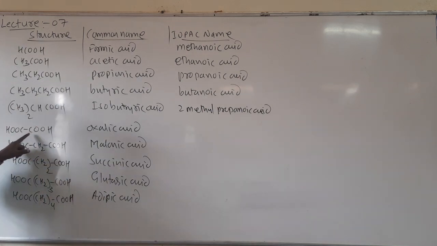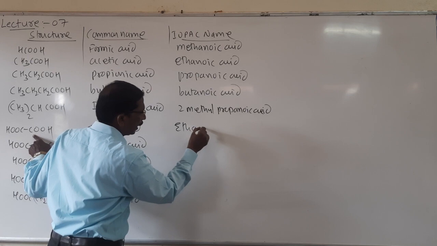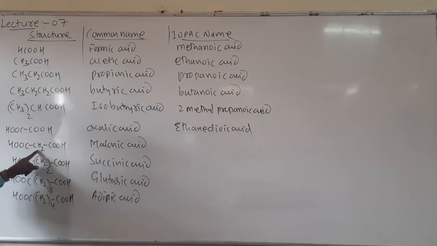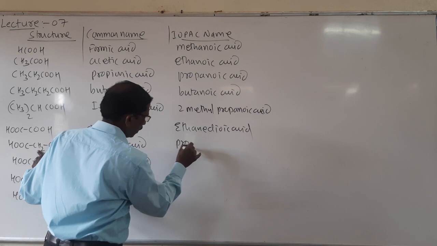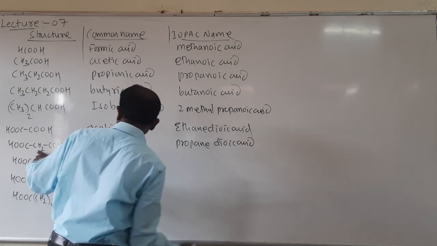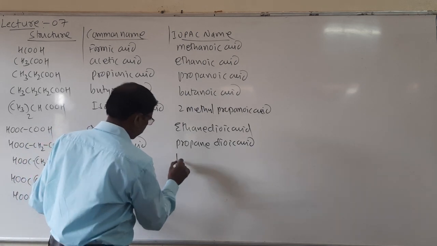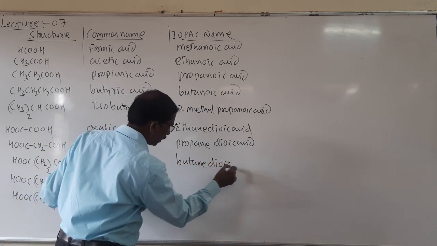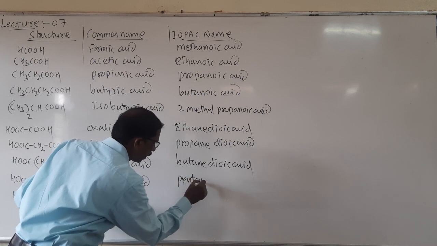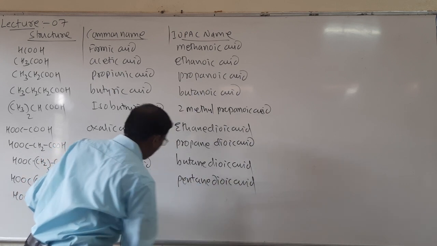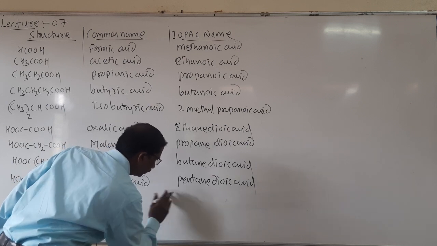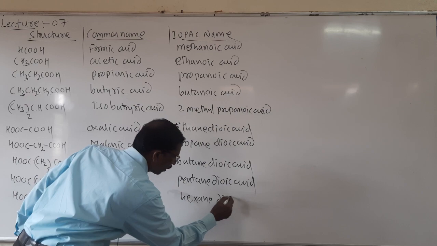Look here students, 1, 2 carbon. 2 carbon means it is ethane dioic acid, and then here it is propane dioic acid, and 1 2 3 4 butane dioic acid, and then 3 4 5 pentane dioic acid, and then 5 6 hexane dioic acid.